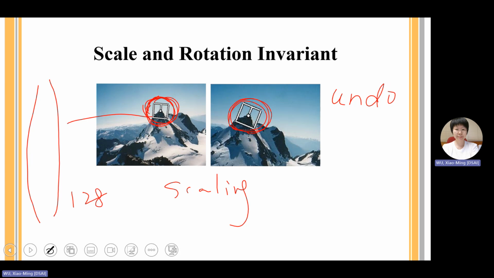So we want to adjust the differences in scale and orientation. These are the features we want to identify for tasks like stitching or image matching. That's what we mean by repeatability, because we can find the same patch, which we call local features, from different images.